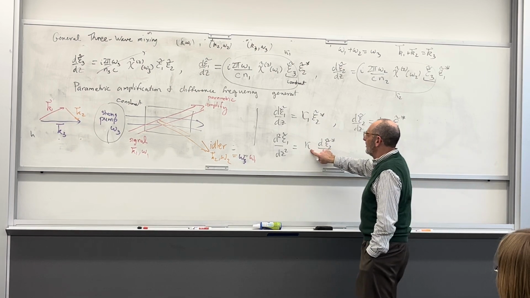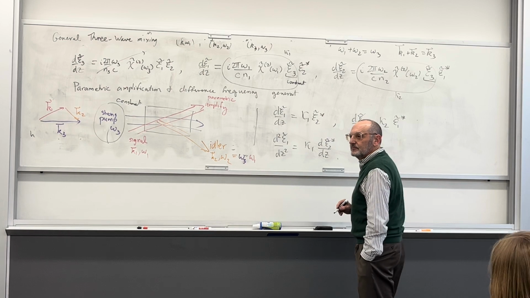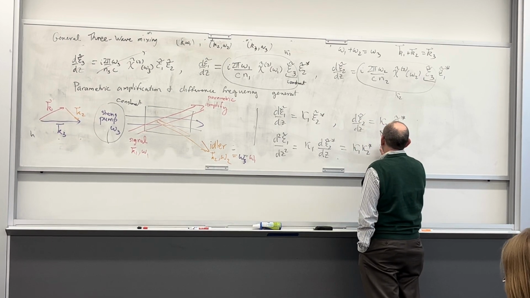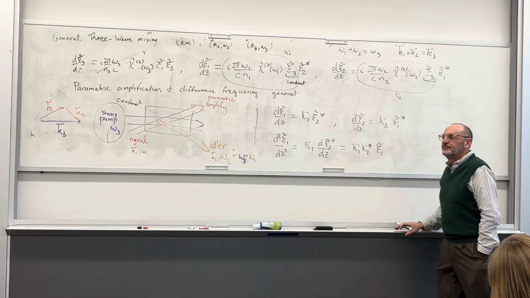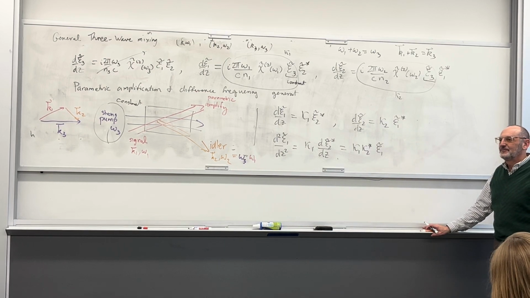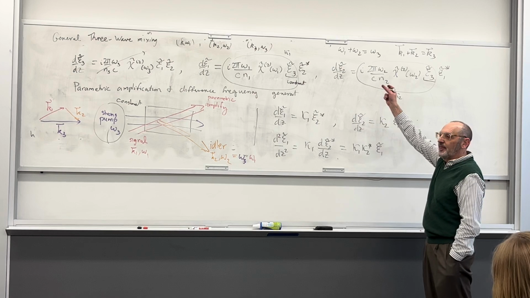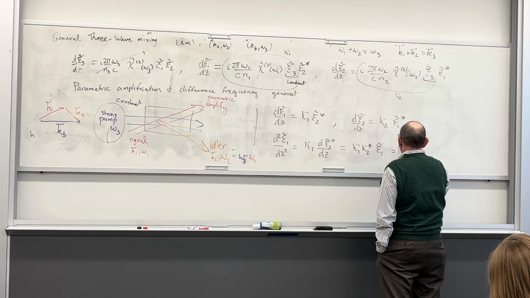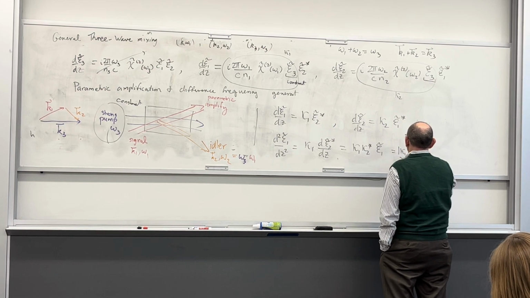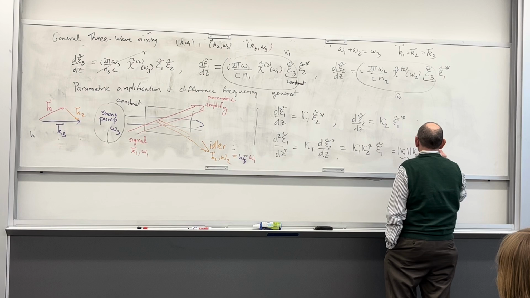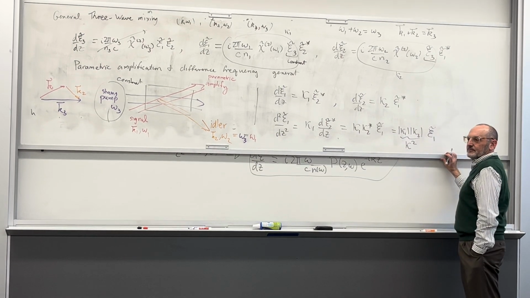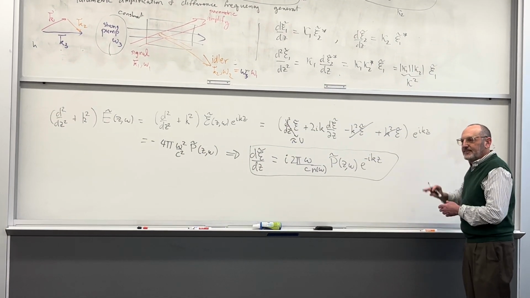Now this is a kappa 1, which is equal to kappa 1, kappa 2 star times E1. Now this is a real number, so this is equal to the magnitude of this times the magnitude of that, which I'll call kappa squared. Don't give up, take a second derivative.